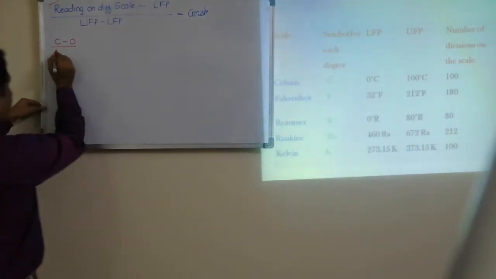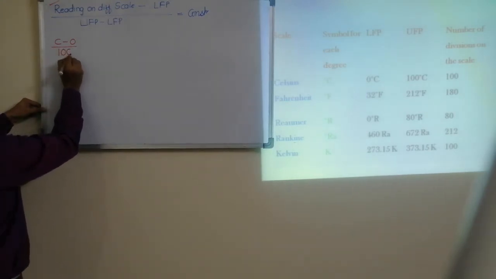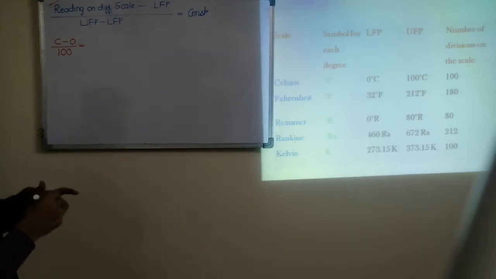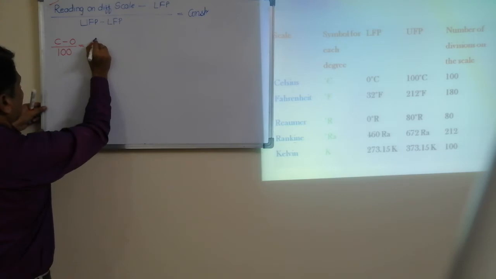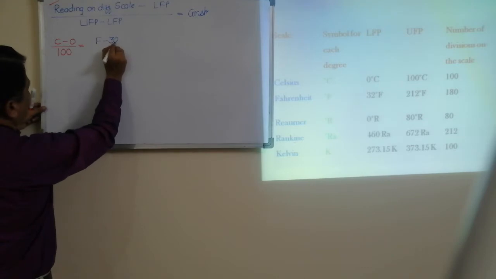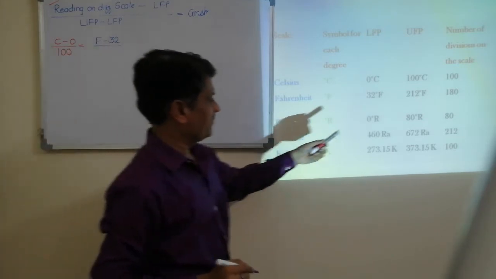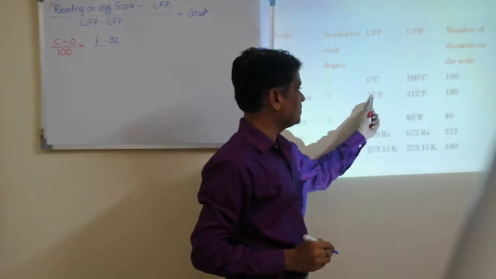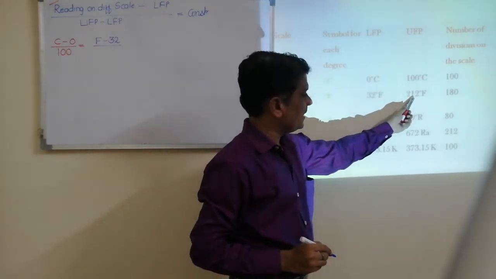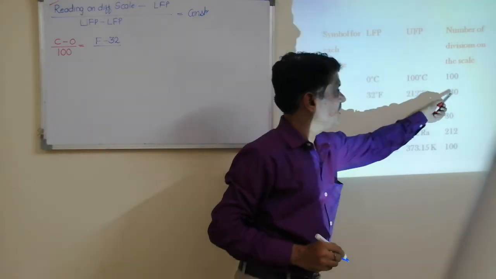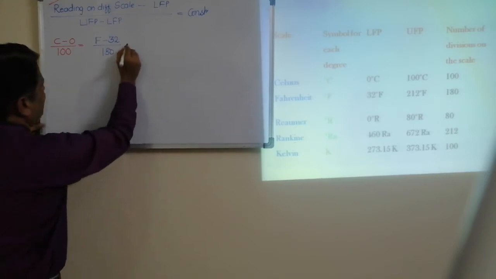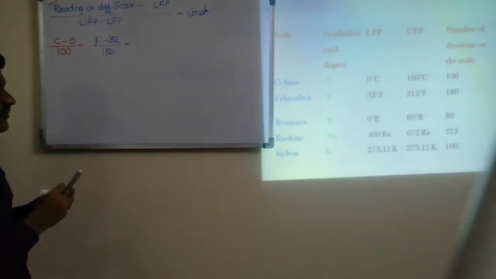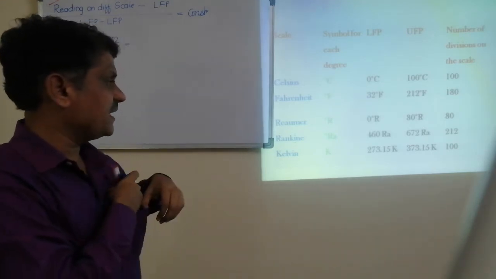I will write it as equal to, for the Fahrenheit scale, how do you write for the Fahrenheit scale? See, the reading on the scale I will write F, minus the lower fixed point 32, divided by the upper fixed point minus the lower fixed point. That is 212 minus 32, equal to 180 degrees. That is also equal to, you can write for the Reaumur scale, Rankine scale, Kelvin scale.